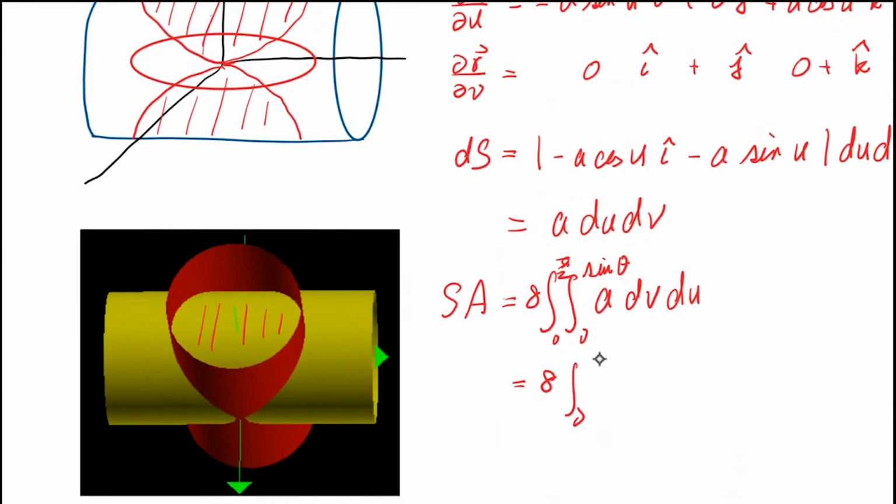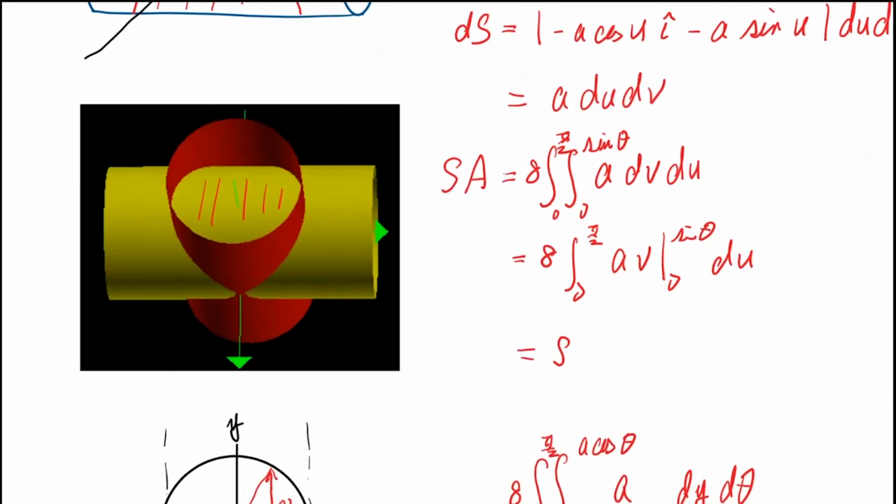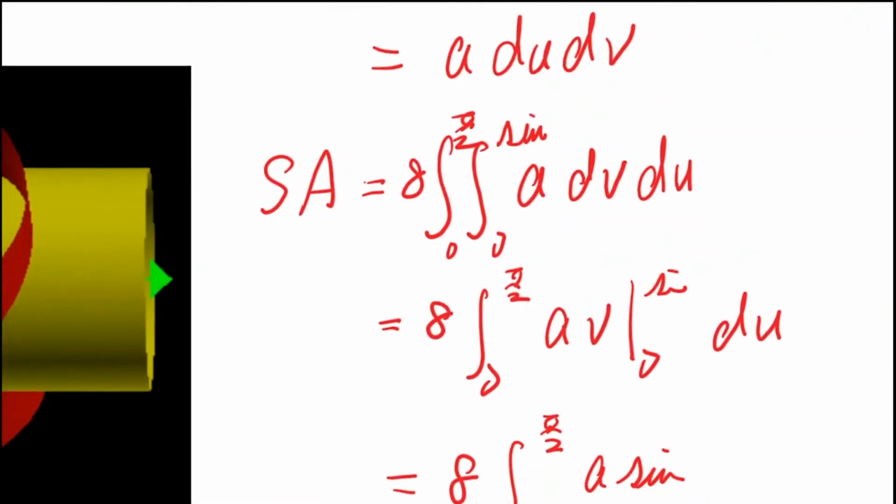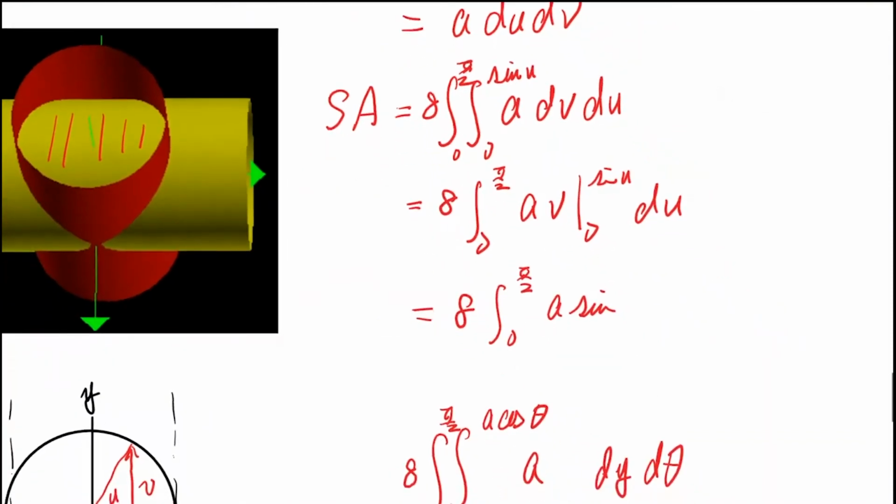So 8, 0 to pi over 2, and then v is just v, right? v from 0 to sine theta du, and that would be 8 and 0 to pi over 2 of a sine theta, or sine u in our case, du.